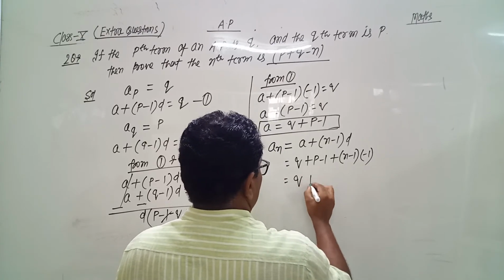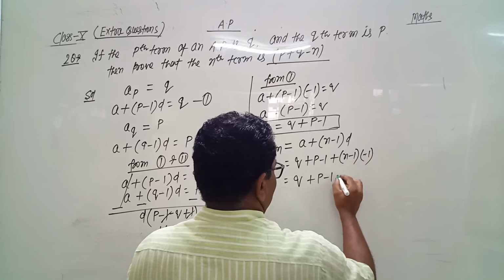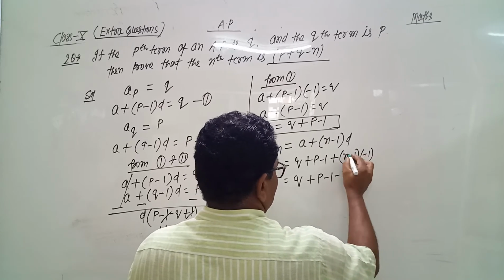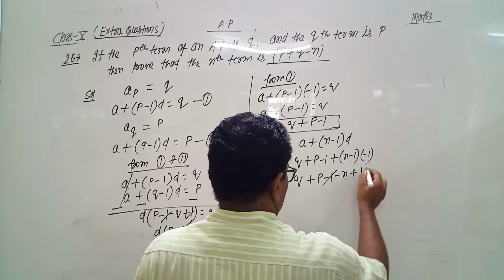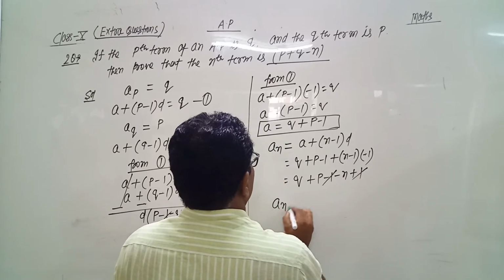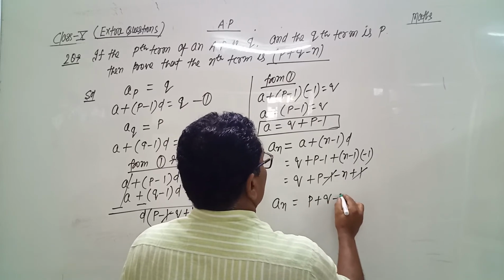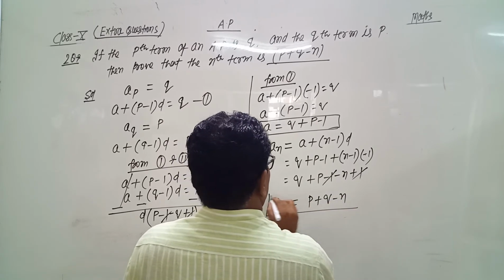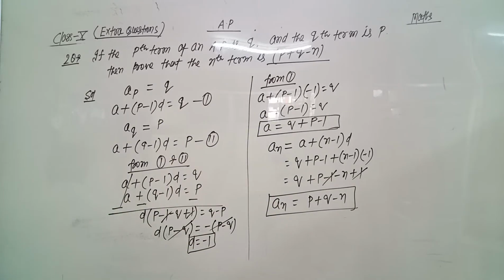So it comes Q plus P minus 1 plus minus minus N and minus minus plus 1. So minus 1 plus 1 cancelled and we get AN equals P plus Q minus N. So this is the Nth term of the AP, P plus Q minus N.